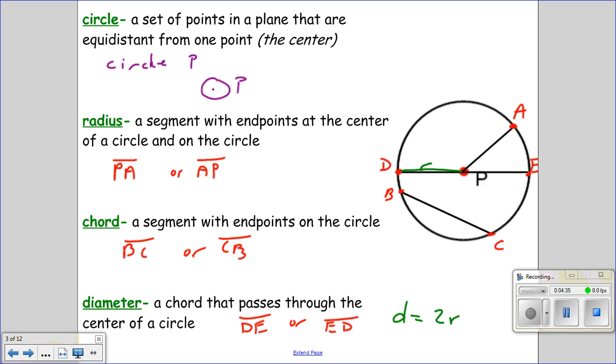So if you put 2 halves or 2 radii together, you have the whole entire diameter. So in that same manner, you can look at the radius as being half of the diameter or the diameter divided by 2. Same thing. So don't forget those two facts.